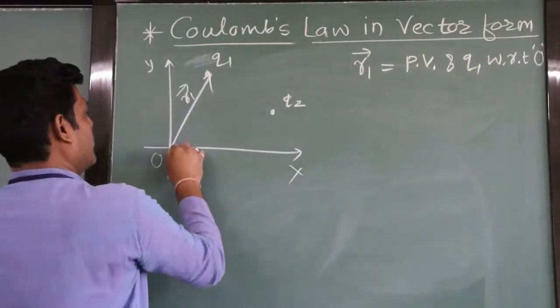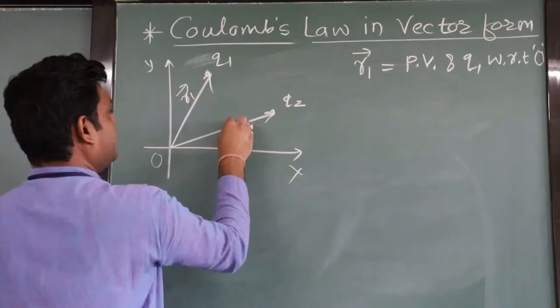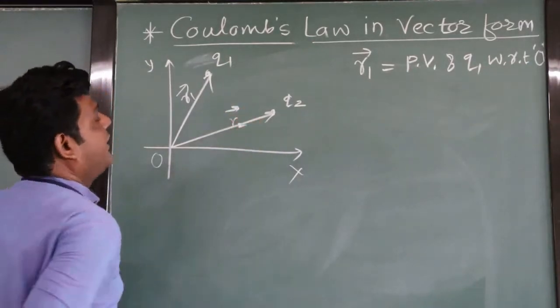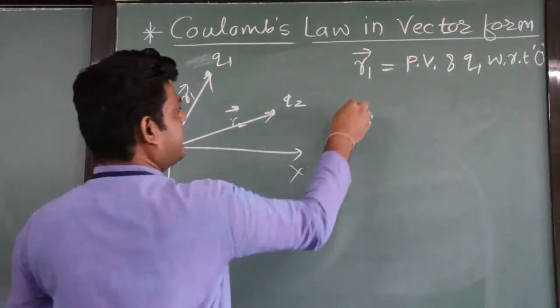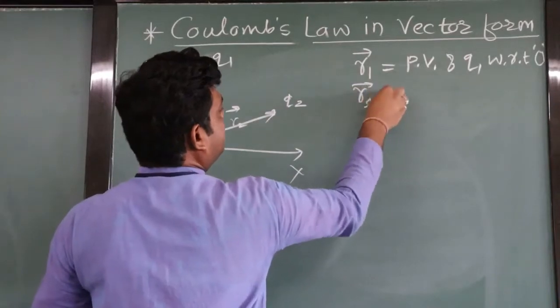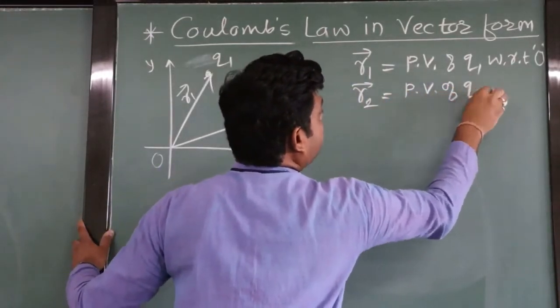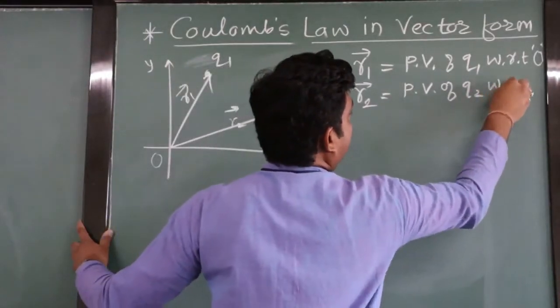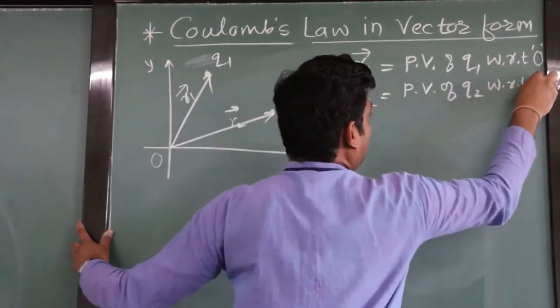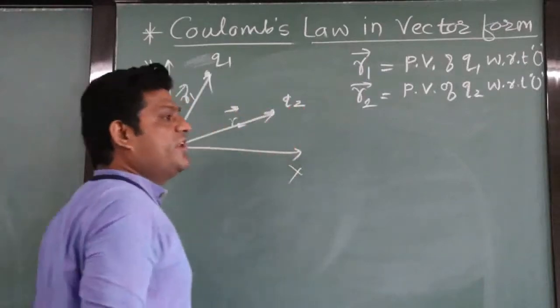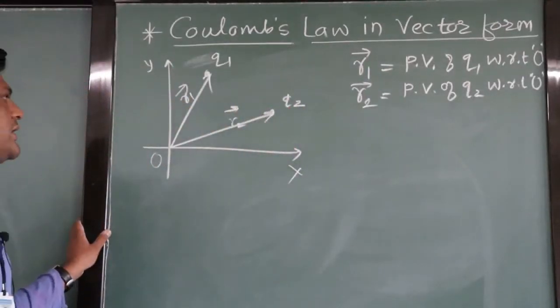Next, R2 vector is a position vector of charge q2 with respect to O. With respect to O means origin, right?